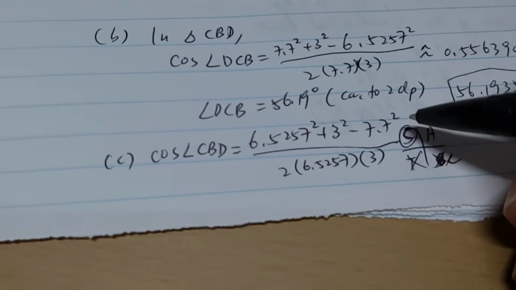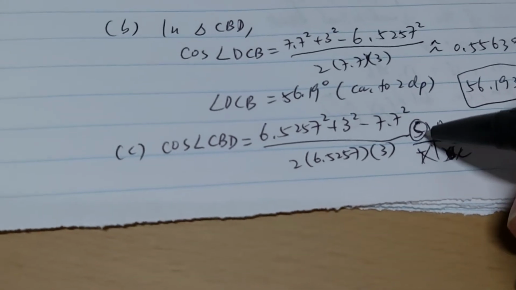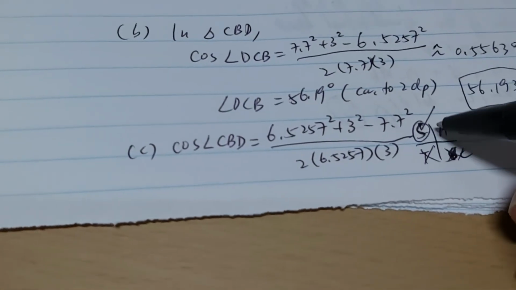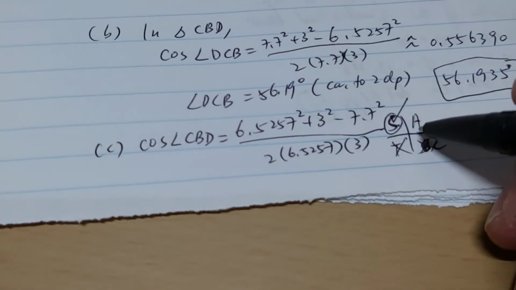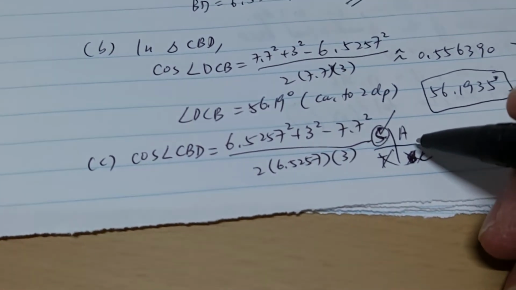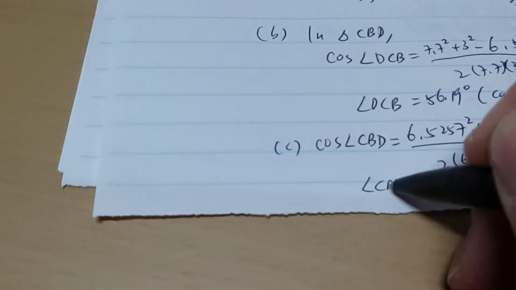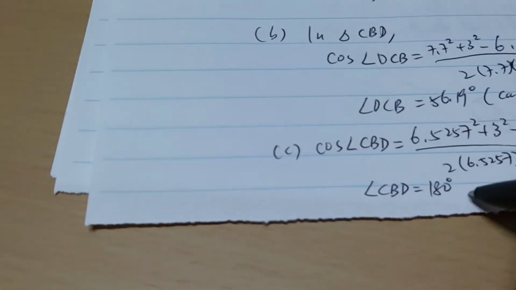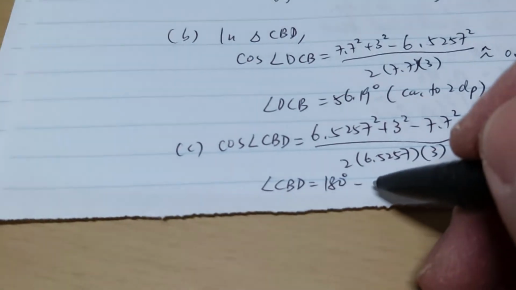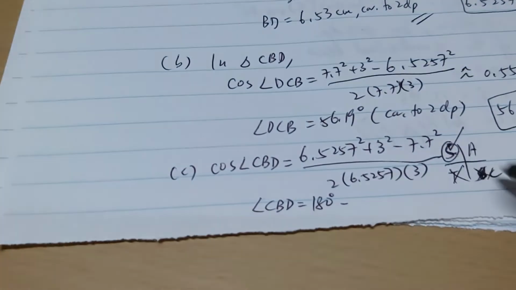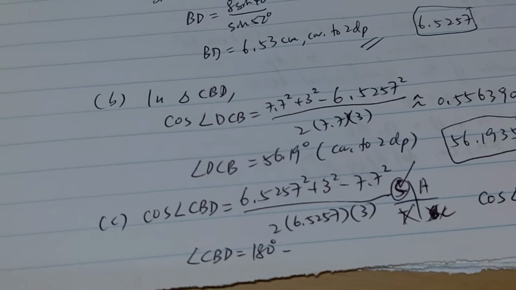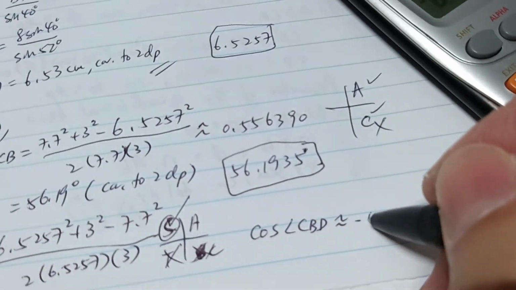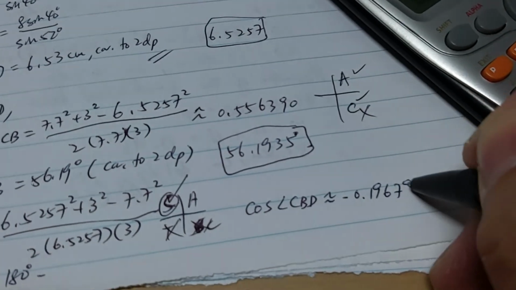So in this case, if cosine is negative, the angle must be obtuse. Obtuse. This one. So the answer should be 180 degrees minus reference angle. So angle CBD is 180 degrees minus the angle. So in the calculator we see that cosine angle CBD is approximately negative 0.196792.